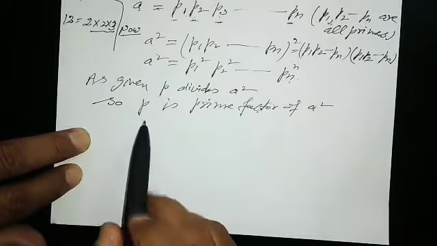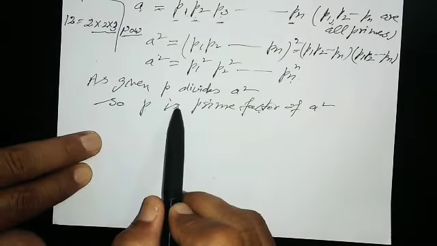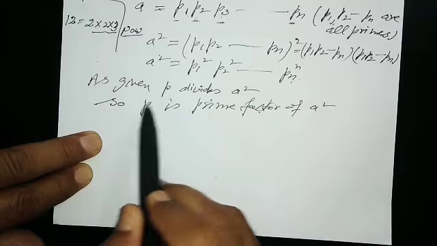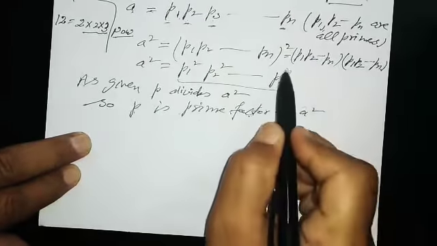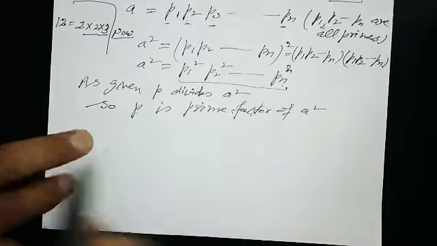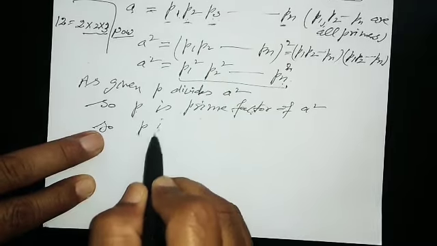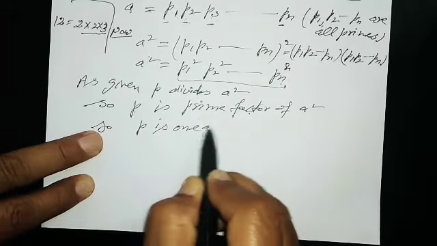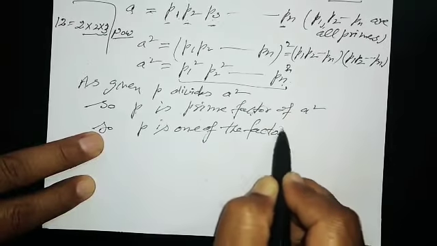Now the factors of a square are p1 square, p2 square, pn square, and also a factor of a square is p. So can we conclude that p may be one of these factors?